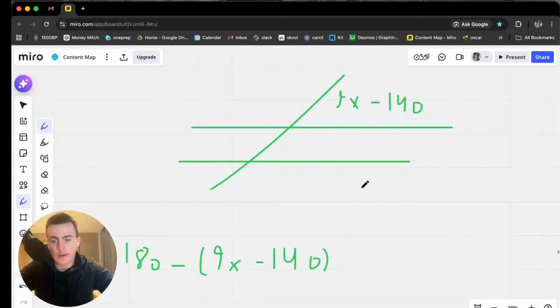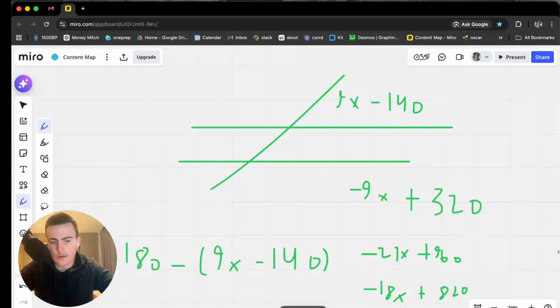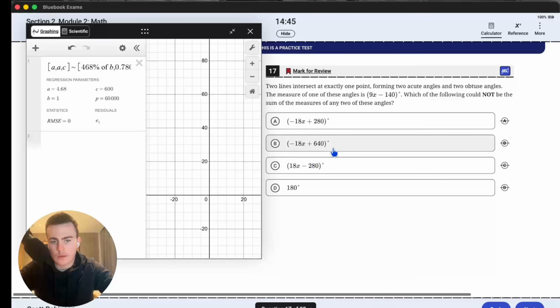So you distribute it, it's going to be negative 9x, and then 180 minus negative 140, so it's plus 320. So if you got 3 of these angles, it would be negative 27x plus 960. Then you add one of these angles, and it becomes negative 18x plus 820. Right? So what, bro? Any two of the angles. Oh, I'm so cooked, man.